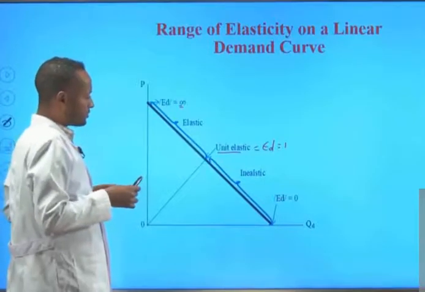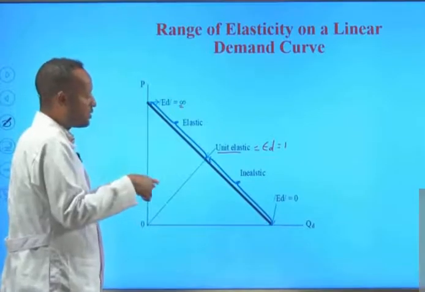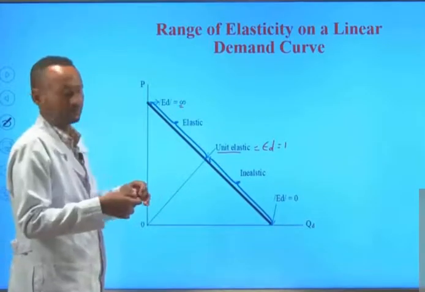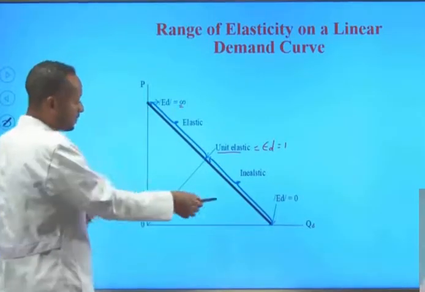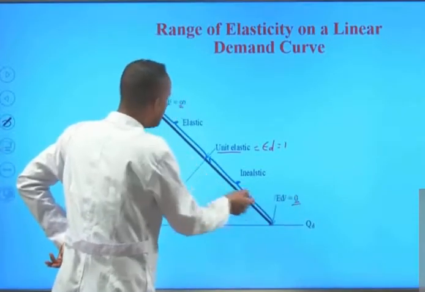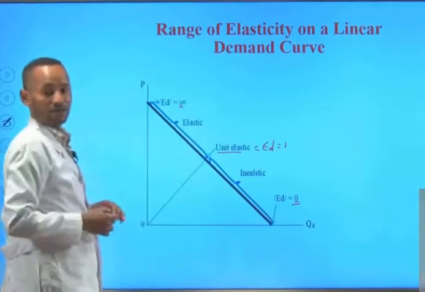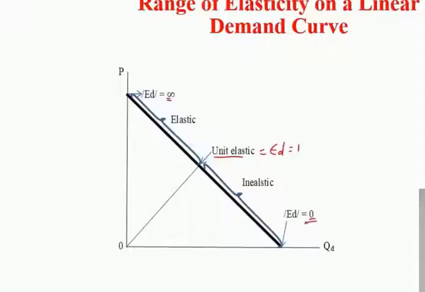As one moves from the midpoint towards the x-axis, elasticity tends to be lesser and lesser. Finally, at this point, the price elasticity of demand will be 0, and this linear demand curve becomes a vertical straight line demand curve with a price elasticity of demand value of 0.